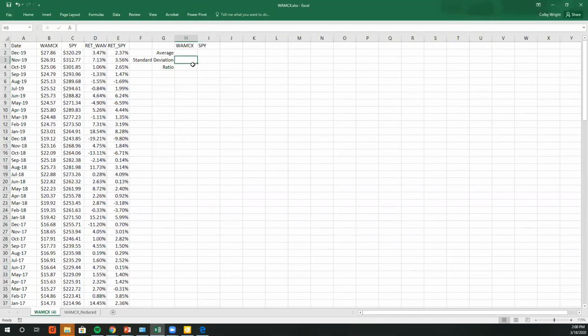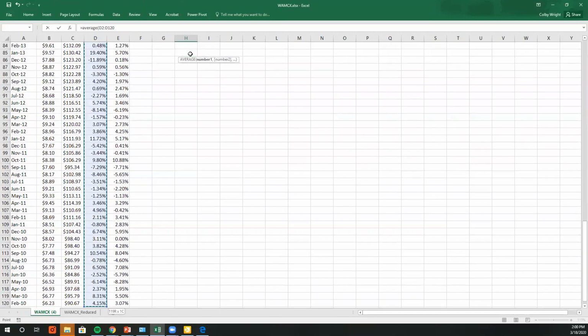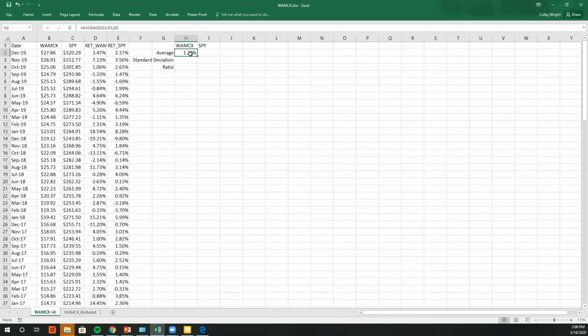And now we're going to calculate the average. So the average for WAMCX, and we're also going to do the average for the S&P 500. Now we're going to annualize these things as well. We might as well do that right now. So remember, to annualize it, it's super easy.